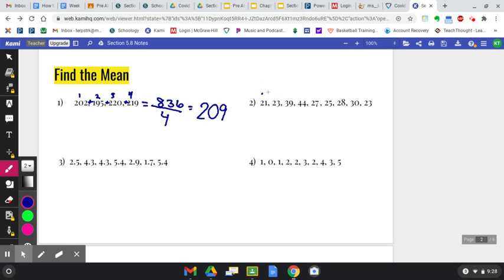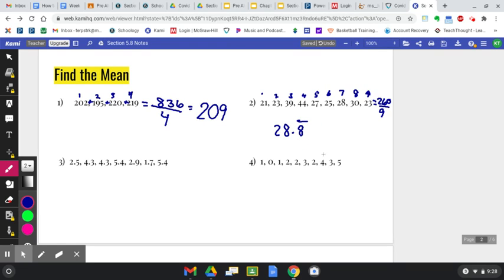So in number 2, I have 1, 2, 3, 4, 5, 6, 7, 8, 9 data points. When I add all of these together, it gives me 260. And then I have to divide that by 9, and we should get 28.8 repeating.